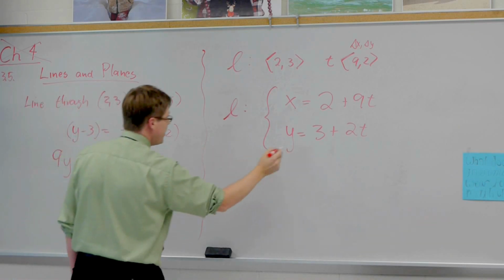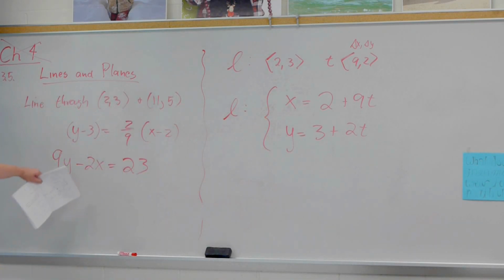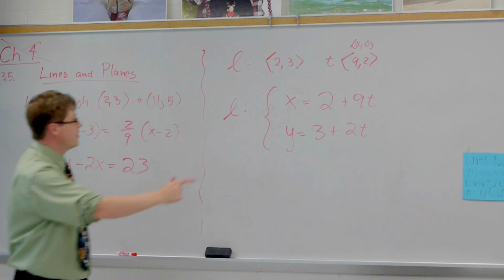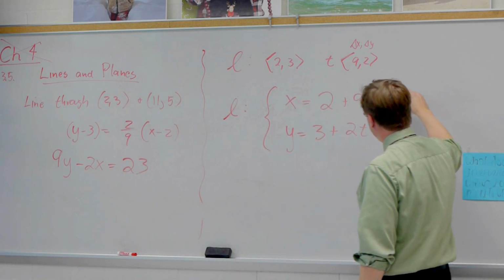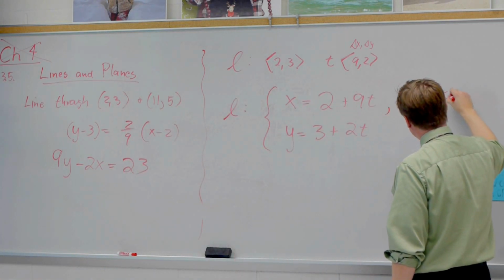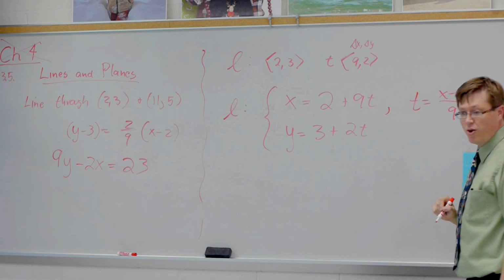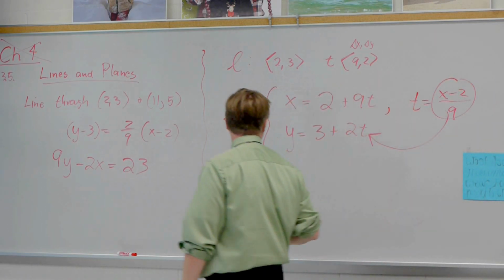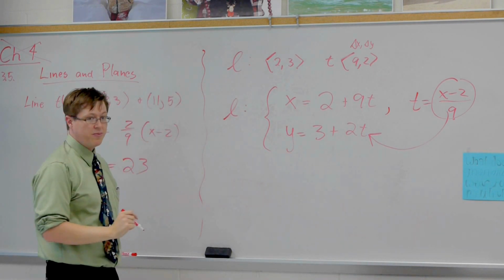to parametrics. Now, how can I make this look like that? Well, there's an extra variable, it's t. So let's eliminate it. I'll say t is (x minus 2) over 9. And then plug that in there, plus y.